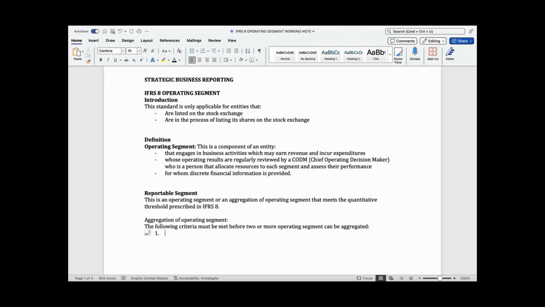Number one, the segments have similar products or services, meaning the nature of their goods or services are similar.